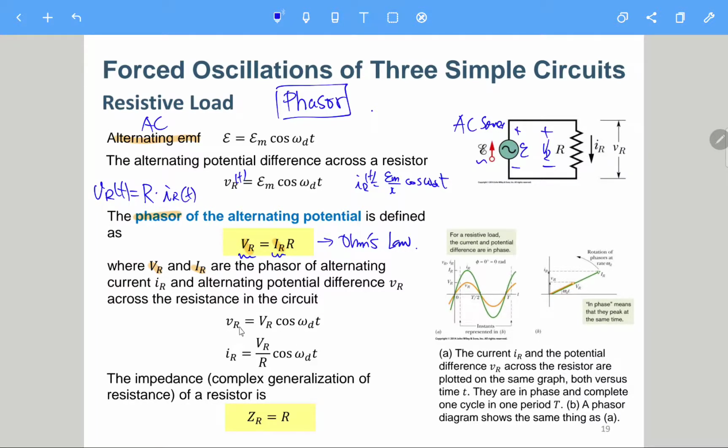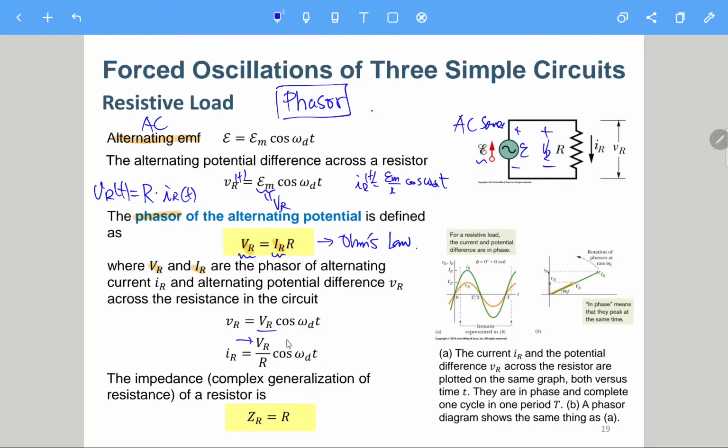So here we have V_R equals this one and I_R equals this one. Actually, we can write E_m is actually V_R. So we have a V_R here rather than writing E_m. You can just consider E_m to be V_R, and it is fine.